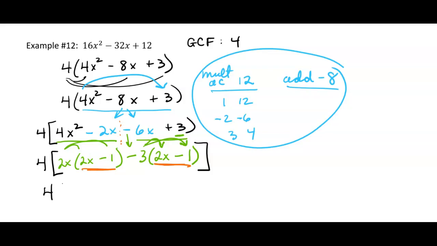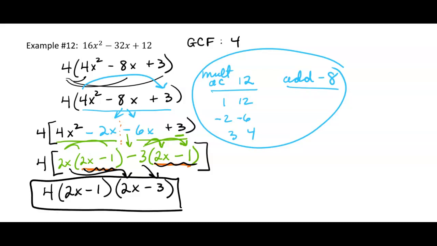I'm going to have 1 parenthesis 2x minus 1. That's the common one. That's this one and this one. Those factor out. And then the other parenthesis is going to be 2x minus 3. And it comes from that piece and that piece. You can check it with FOIL and then distribute the 4 and see if it works, but it's going to work. So it's very exciting.